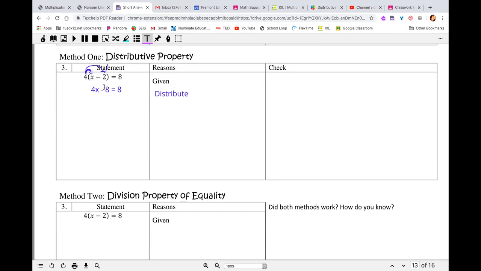If I'm going to get x all by itself, what do I need to do? Instead of subtract, you have to add. Okay, so what am I adding? Plus 8. Plus 8? Yes. Okay.